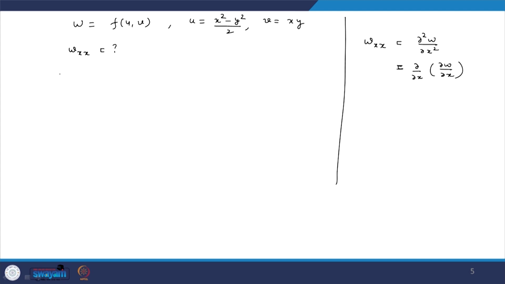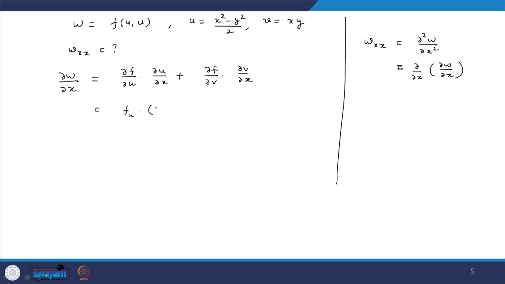So, what is del w by del x first of all? It is by chain rule del w by del u into del u by del x plus del w by del v into del v by del x. Simply by chain rule we can easily write it. So, this is further equal to w u into what is del u by del x from here?